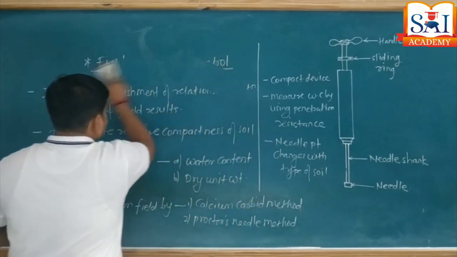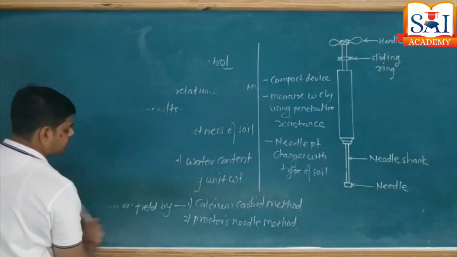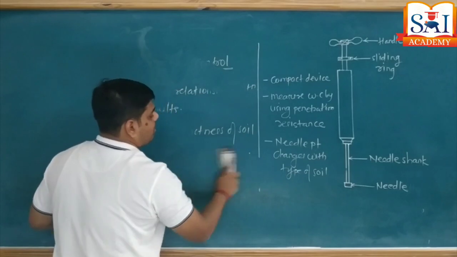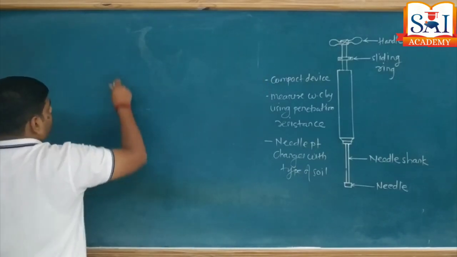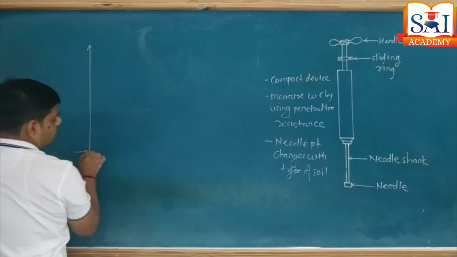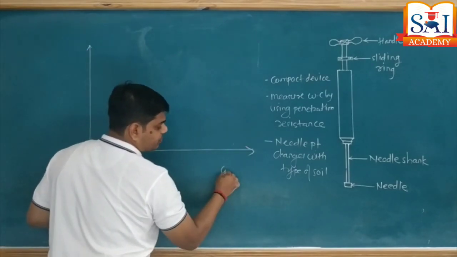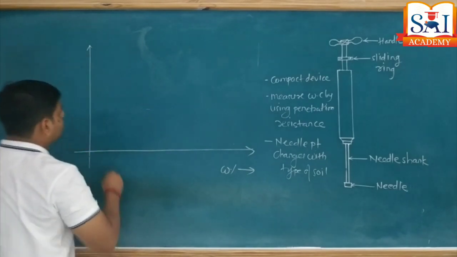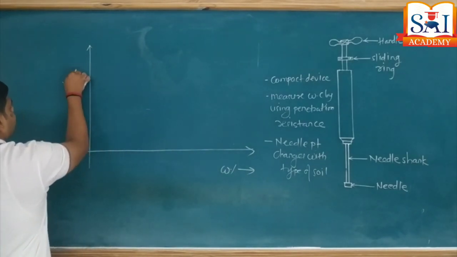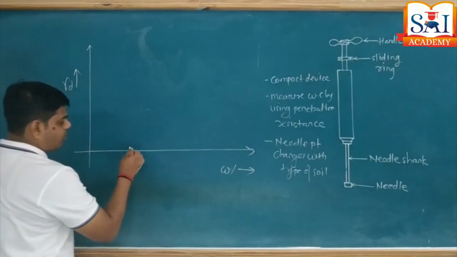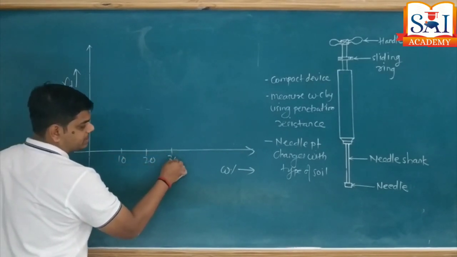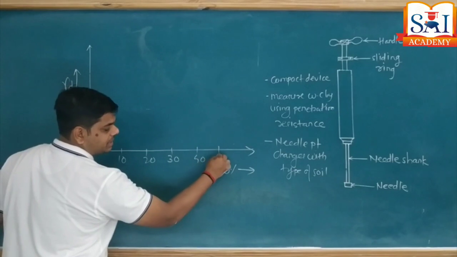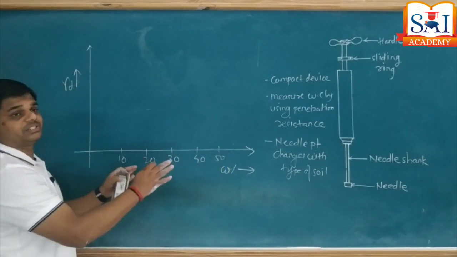So for its working we need a compaction curve, and we know that the compaction curve is the laboratory result. For a compaction curve, on the x-axis we have percentage water content, on the y-axis we have dry unit weight. Say percentage water content we decide 10%, 20%, 30%, 40% and 50%. These are our example trials.